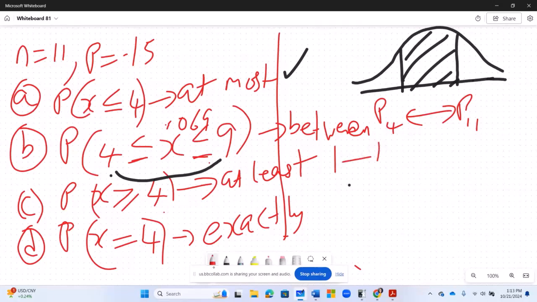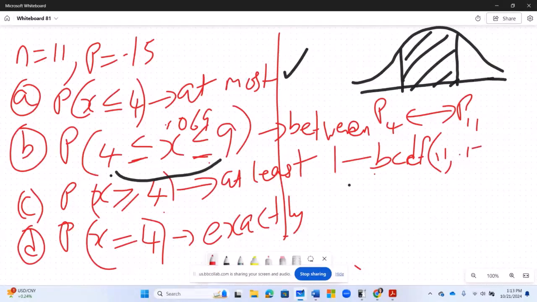1 minus binomial CDF. Anytime I am told to do an at least question in binomial, then I must do binomial CDF. So sample size is 11.